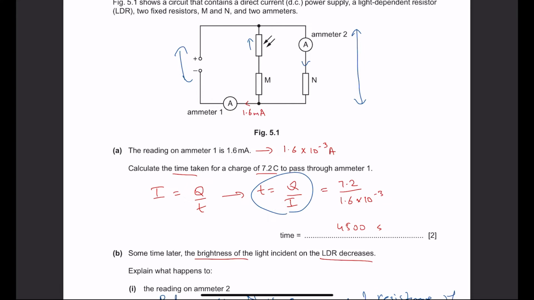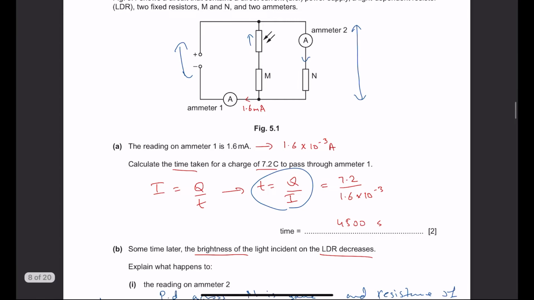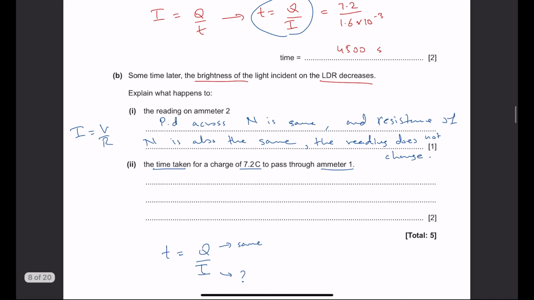So let's look at what happens to this total current, which was previously 1.6 amperes. Since the resistance of LDR has increased, brightness decreased, so the resistance of this entire branch and obviously the entire circuit, the entire combination's resistance is going to be increasing now. So if resistance increases, what happens to the total current? Obviously the current is going to decrease.